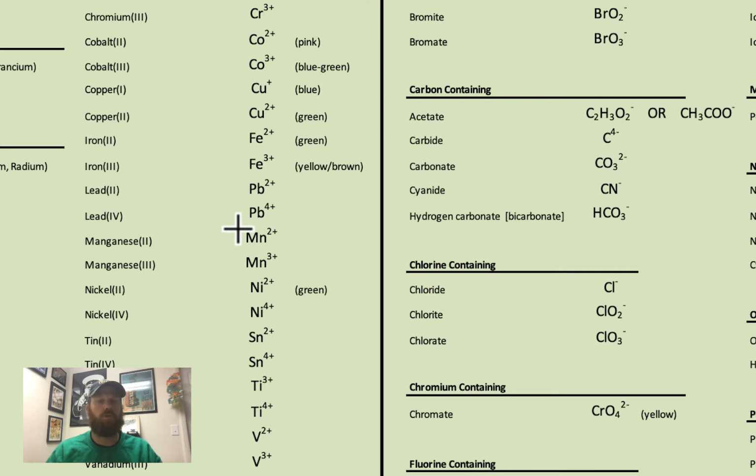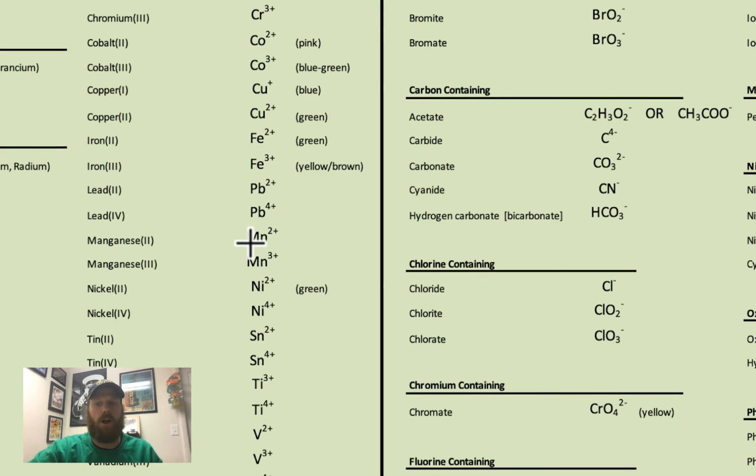The charge or transition state of the specific transition metal cation is indicated by the use of the Roman numeral after the name of the metal. Lead, Roman numeral 2, means lead 2+. Lead, Roman numeral 4, means 4+.